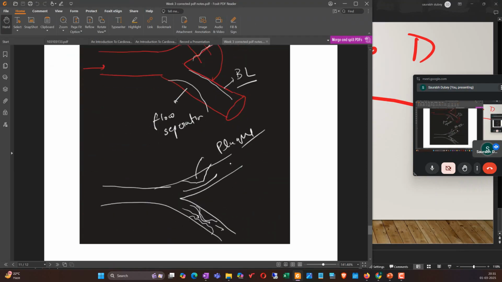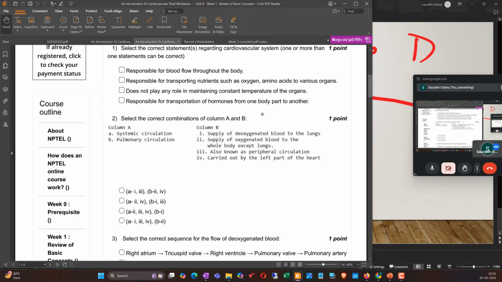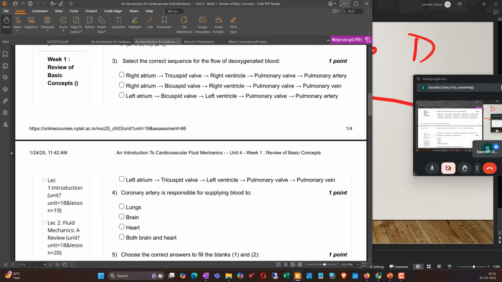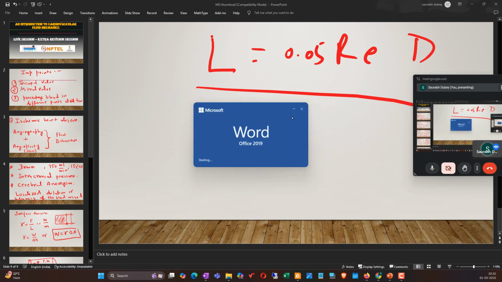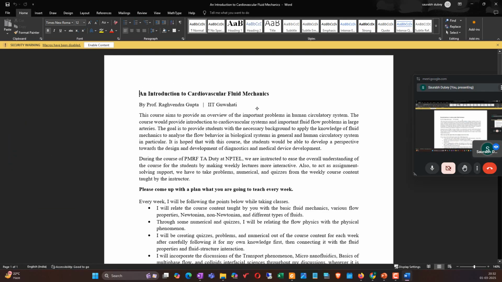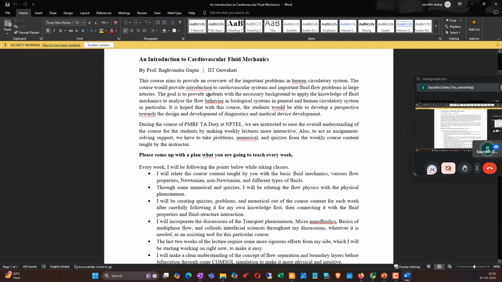So the next problem you see, we have discussed many things together with that. If I tell you how these discussions were made, the plan was there for this course, and then how this plan worked out. Like this, an introduction to cardiovascular fluid mechanics by Professor Raghavendra sir. This main course provided an overview of the important problems in the human circulatory system.